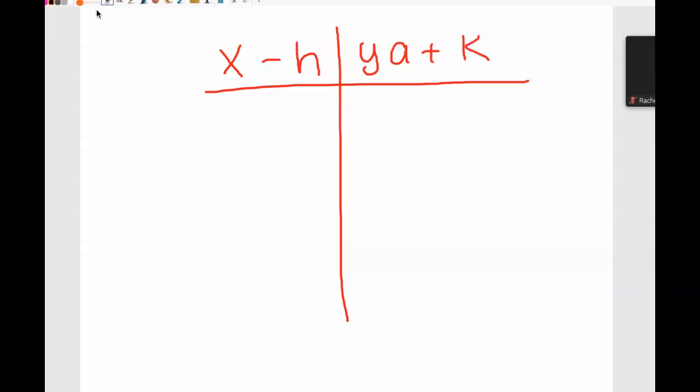The values that are never changing are the x: 0, 1, 2 and the y: 0, 1, 4. You are changing your a, h, and k.